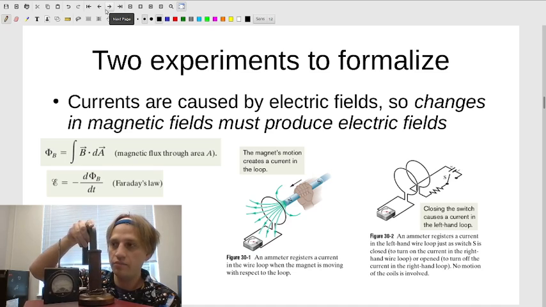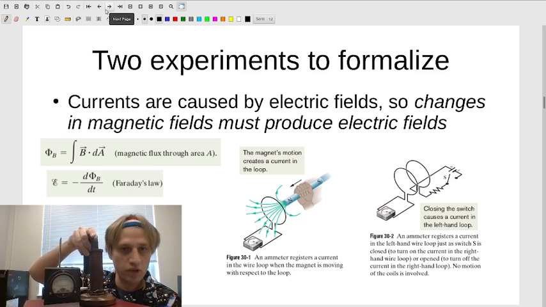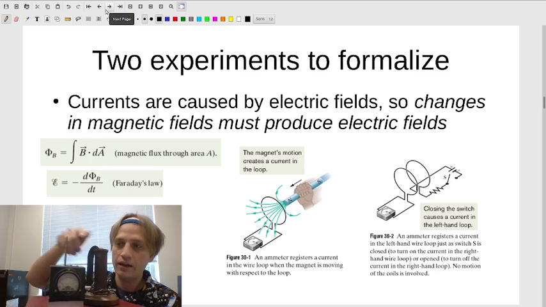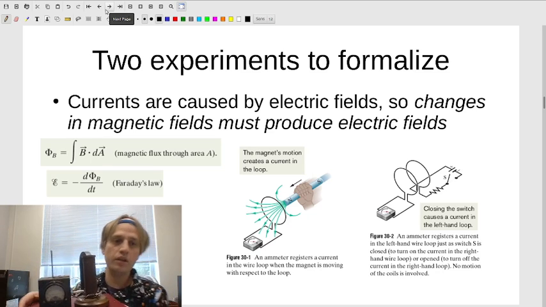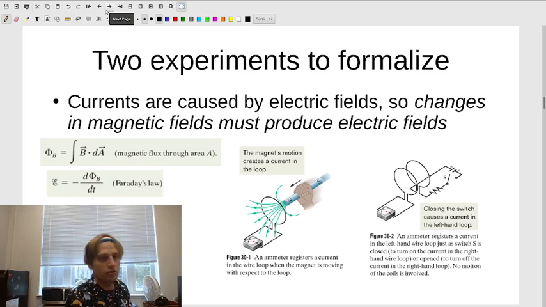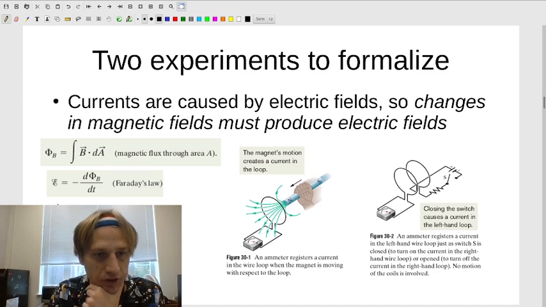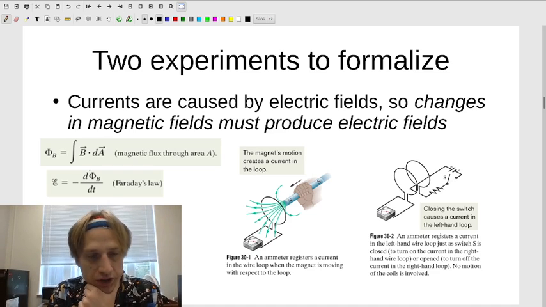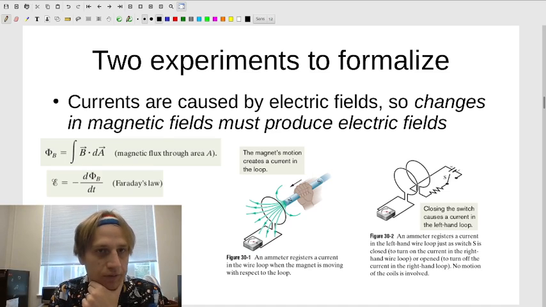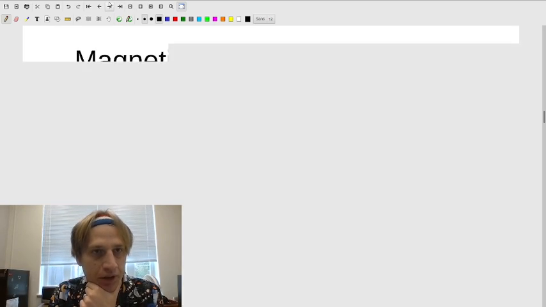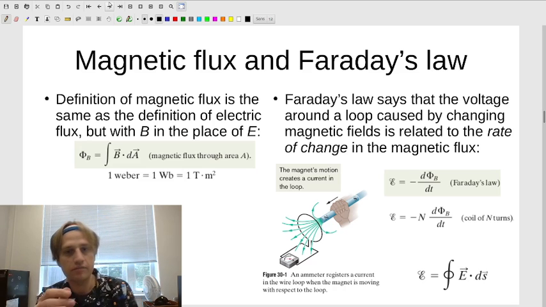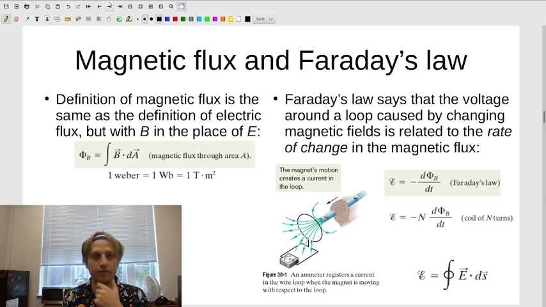But as soon as I move it, I'm changing the flux through the loop, and it causes a current. So that's what Faraday's law told us. It told us that as long as we have a changing magnetic flux through a surface, we could get a current. Okay, so we called this Faraday's law.